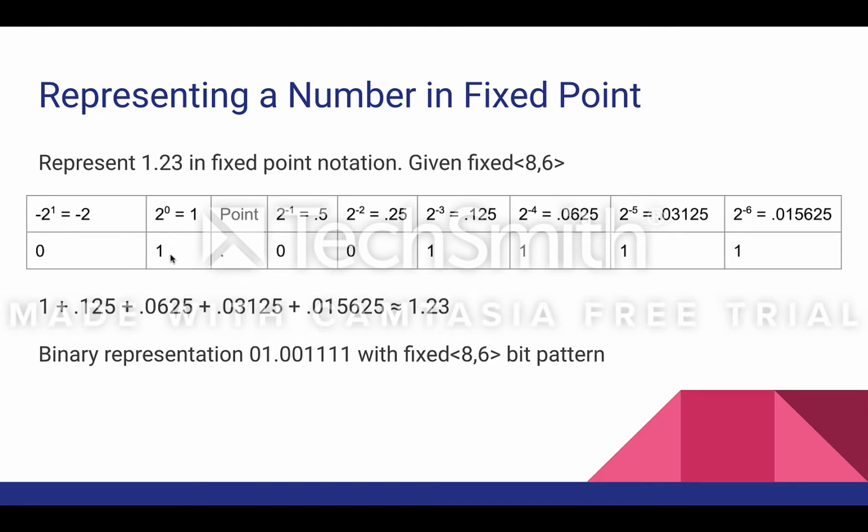We see 1 goes into 1.23, and then for the 0.23, we have the numbers after the point. If we add up all the place values, we get a value that's pretty close to 1.23. Then we take this table, put it all together, and we get this number as our fixed point representation of 1.23 in this bit pattern.